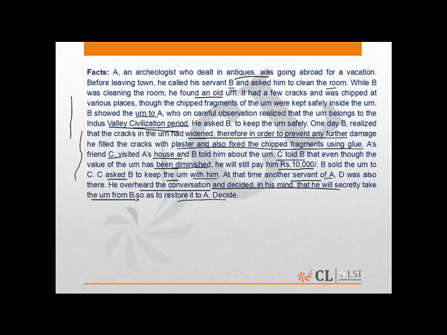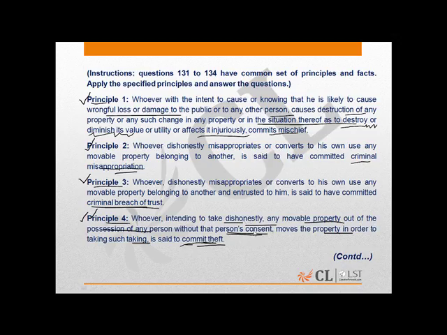Now over here, further, though he had made up his mind to take the urn out of B's possession, he did not actually do it. So this was the first aspect of it. The second aspect says, we do not get to know whether he has actually taken the urn out of the possession. We do not know it from the facts. So clearly, again, the moving of the property in order to such taking is provided in the principle.